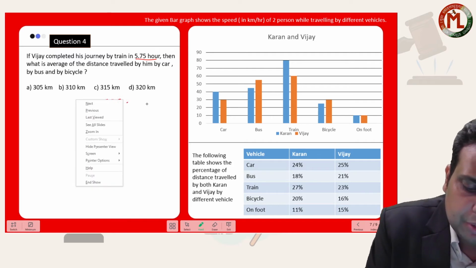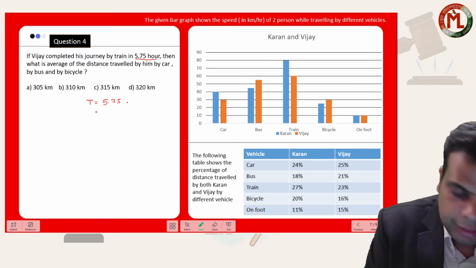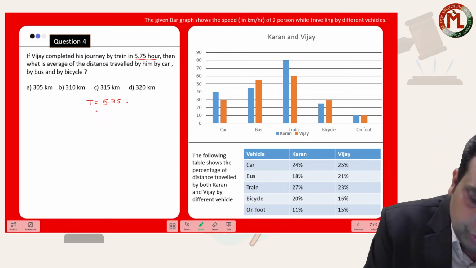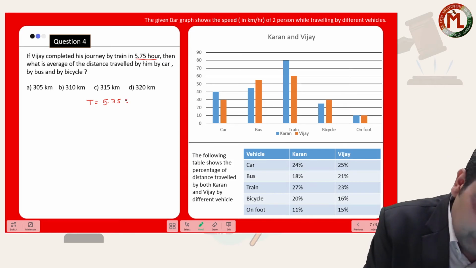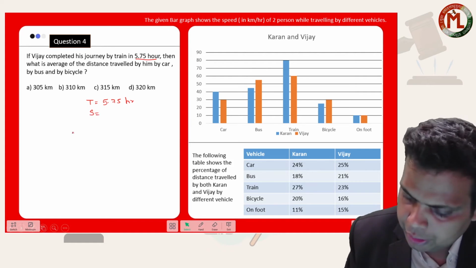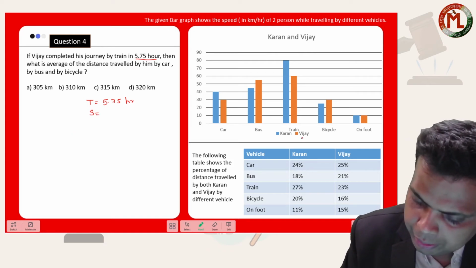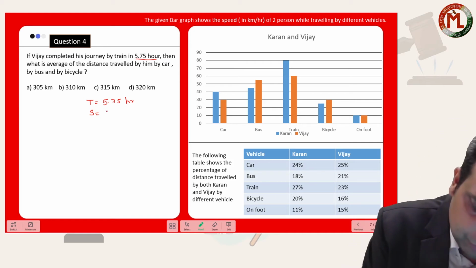Then what is the average distance traveled by car, bus and bicycle? Again the important point, the time given by train is 5.75 hours, and speed is also given. Vijay's speed by train is 60, right?